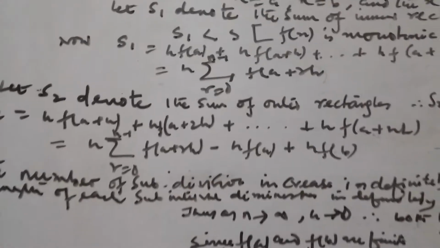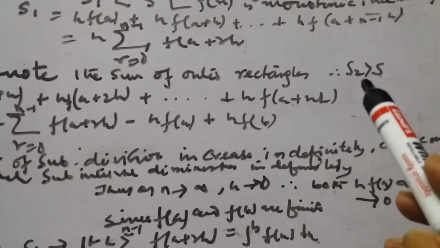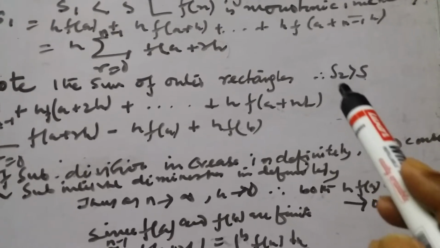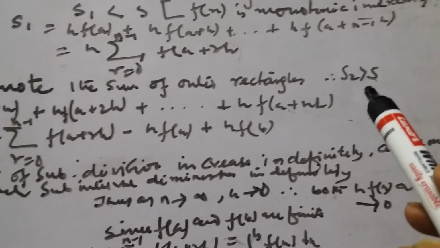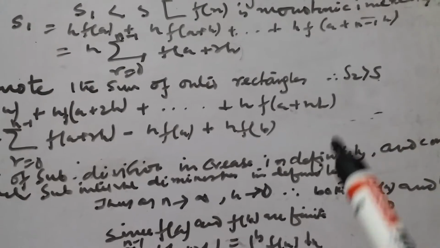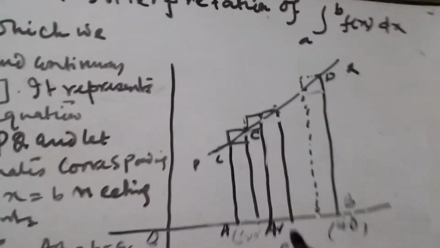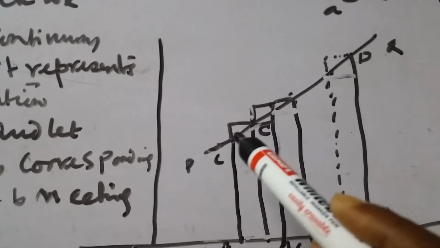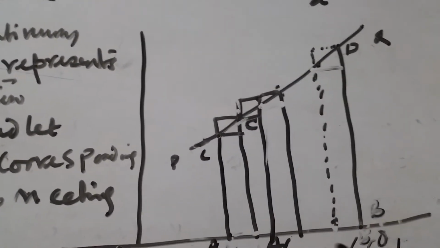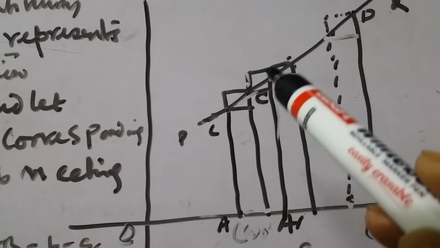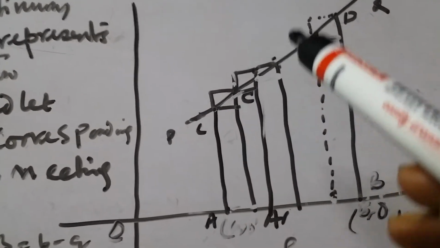Let S2 denote the sum of the outer rectangles. S2 is greater than S1, because the curve bounds the area S, and S2 is formed by the outer rectangles, so its area is greater.